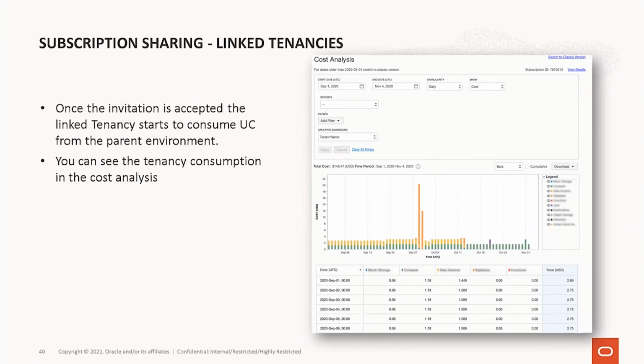OCI also has a subscription sharing model that lets you link tenancies. Once the invitation is accepted, the linked tenancy starts to consume universal credit from the parent environment. You can see the tenancy consumption in the cost analysis.